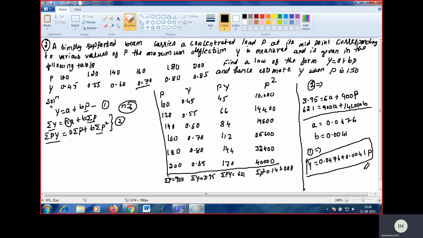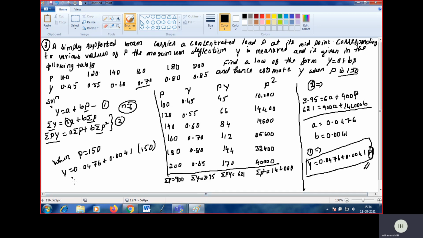And also they are given that, and hence estimate Y when P is 150. So this we calculate. Here we have to substitute P as 150, then find out the Y value. Therefore, when P is equal to 150, we obtain Y is equal to 0.0476 plus 0.0041 into P, P is 150.